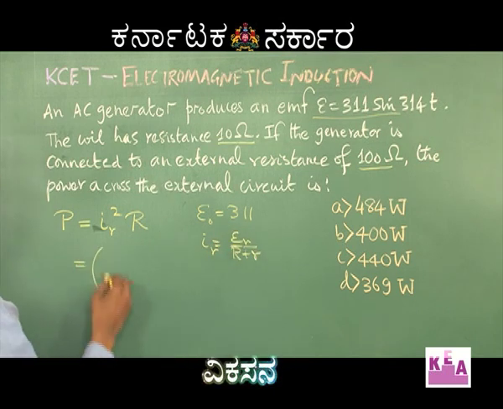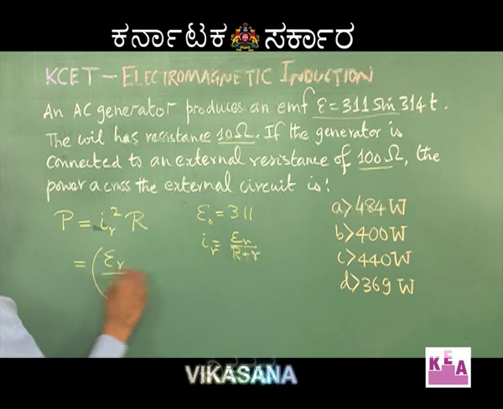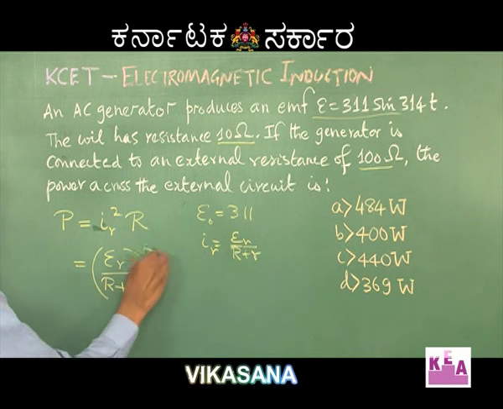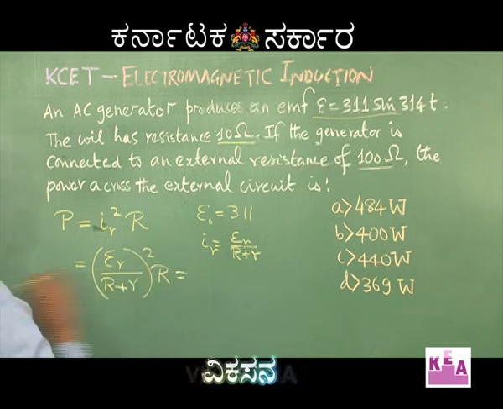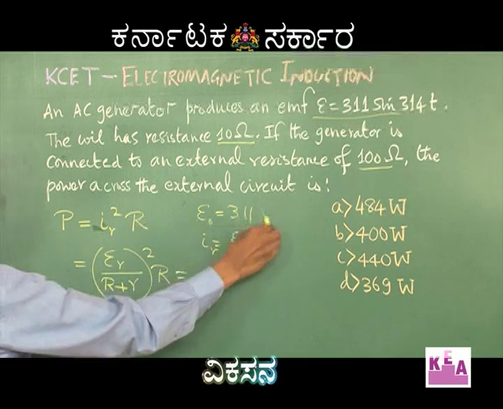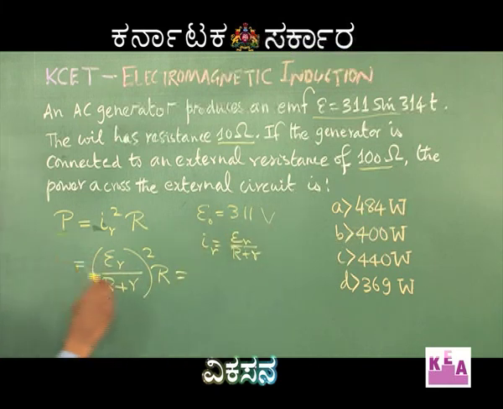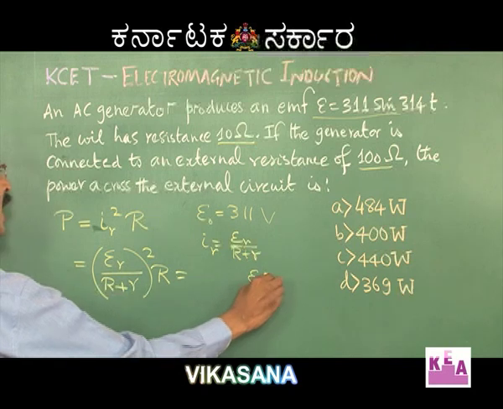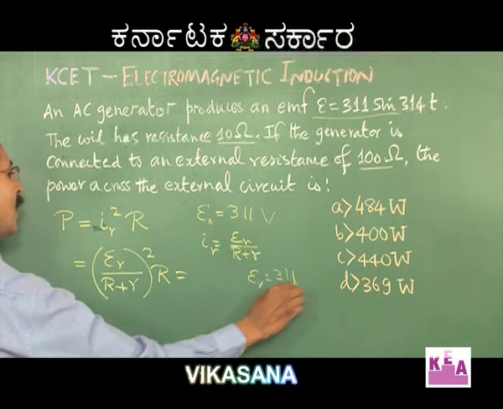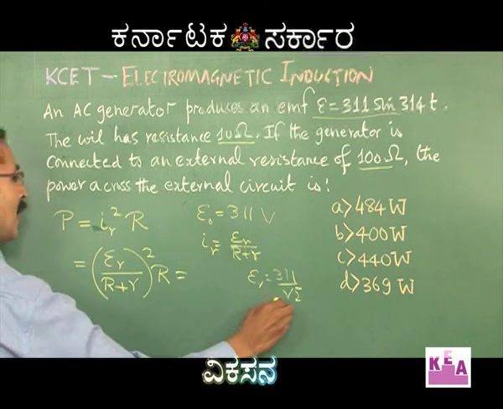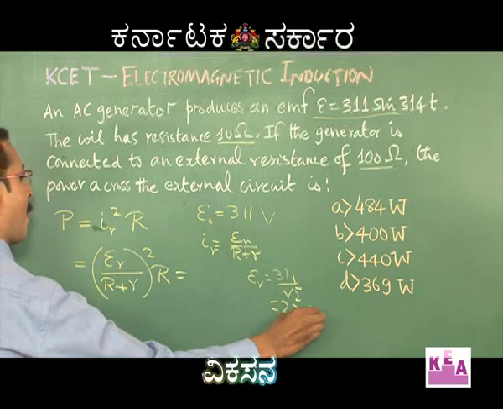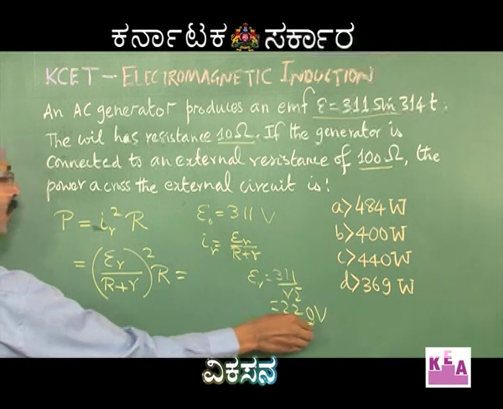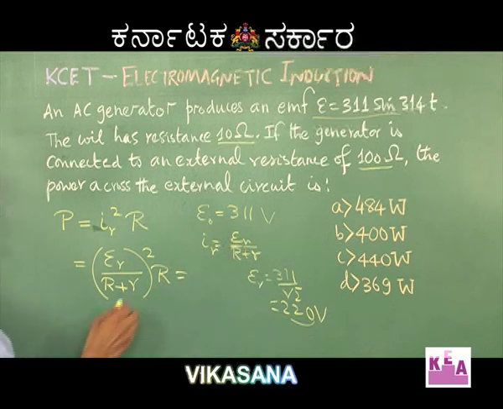Therefore, power becomes E RMS divided by R plus r whole square into R. But the problem here is that you know peak voltage, that's 311 volt, you don't know what the RMS voltage is. As E naught is 311, E RMS is 311 divided by root 2, which is, as you know, 220. 220 volt RMS corresponds to peak voltage of 311 volts.